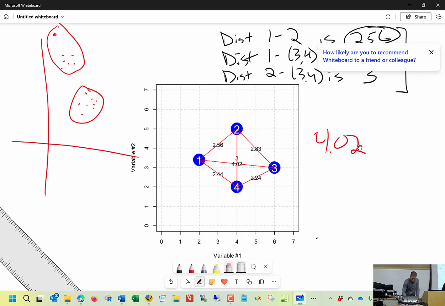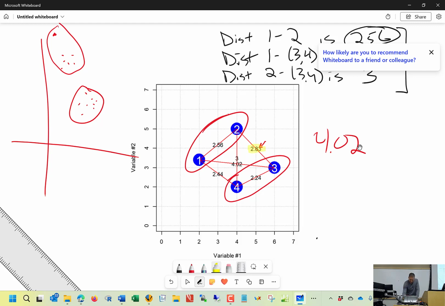So these are the two clusters I have, and I need to find the distance between them. What would I need to do? I think this is easier if I highlight the distances that I would use.